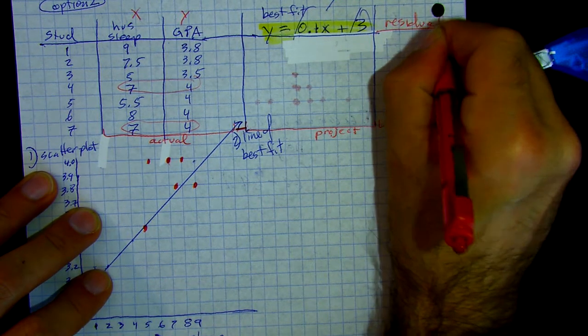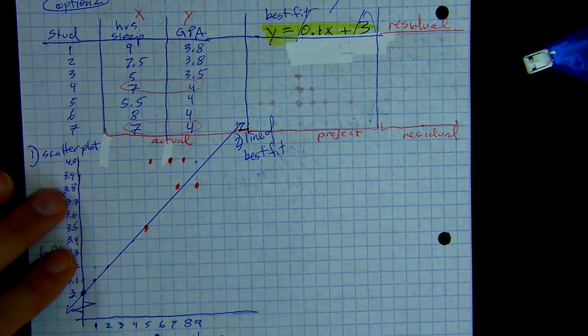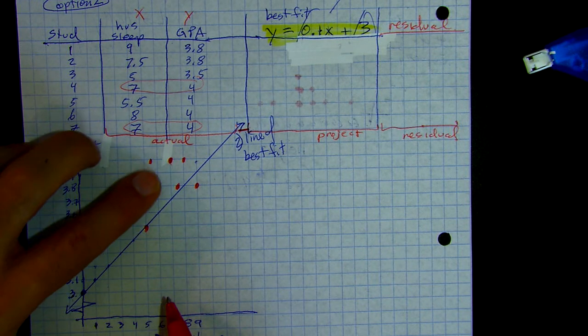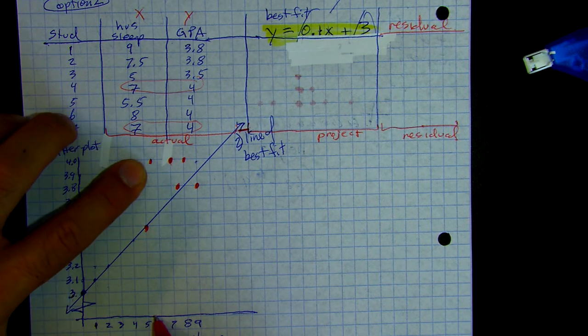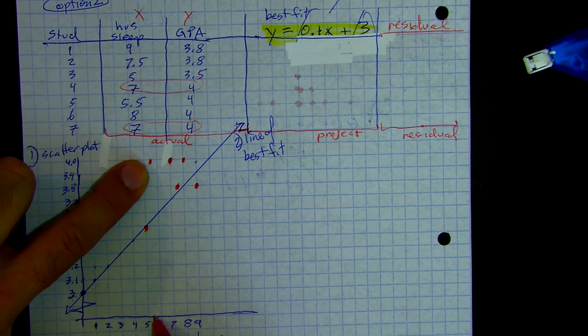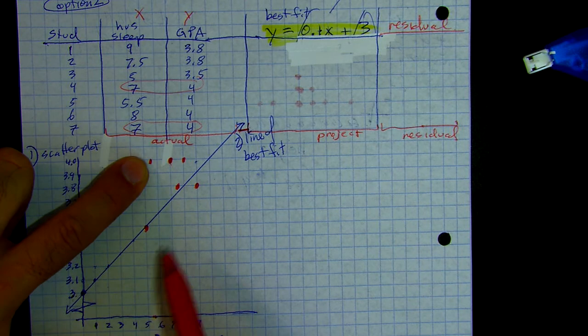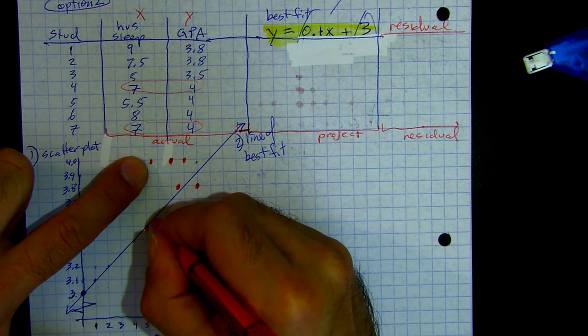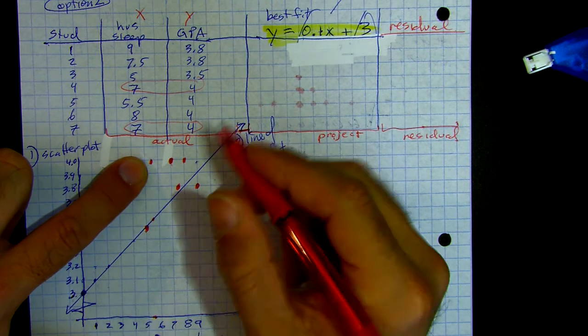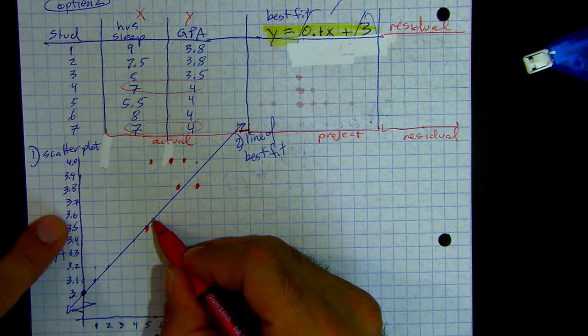Now, what is a residual again? A residual is saying that, look, at 5.5 hours of sleep, I got a 4.0, but based on the line of best fit, 5.5 hours of sleep should have given me 3.55, right?